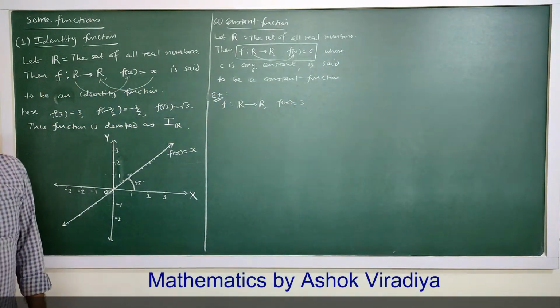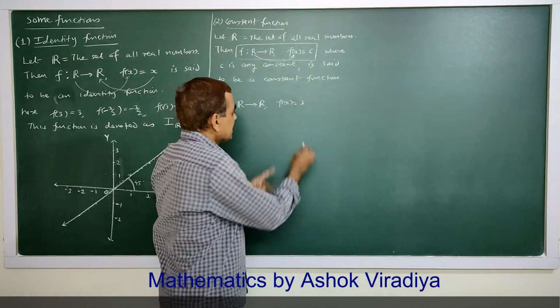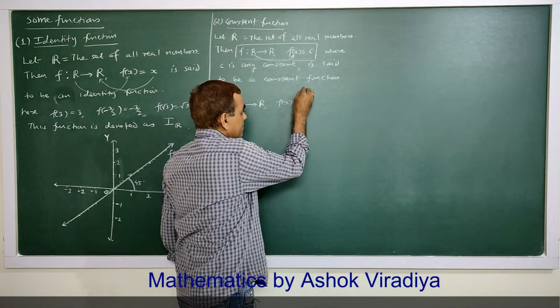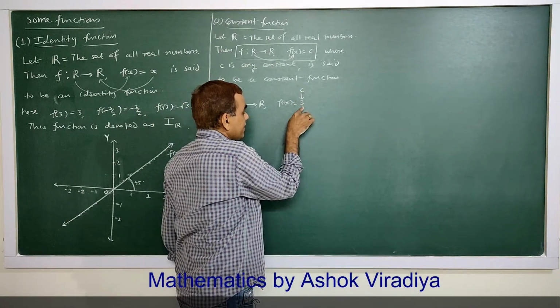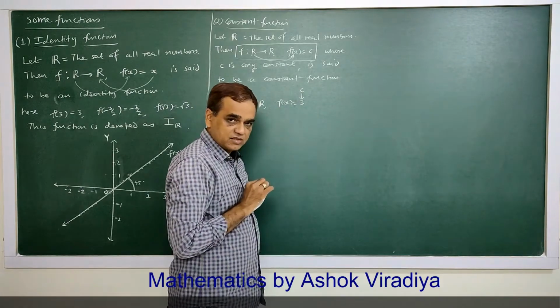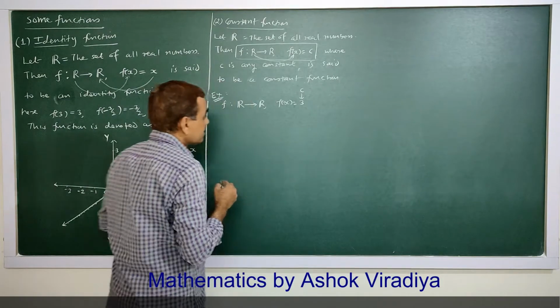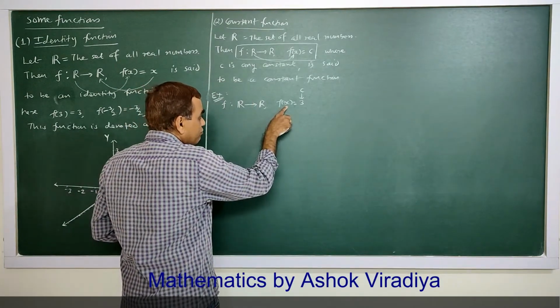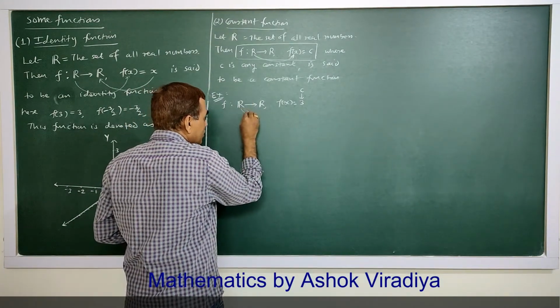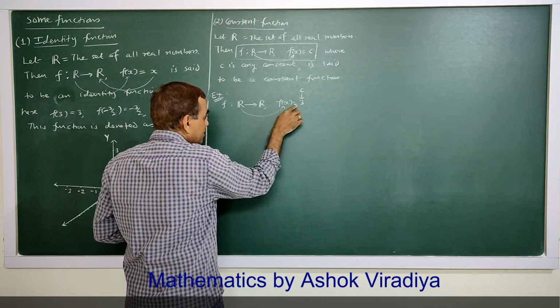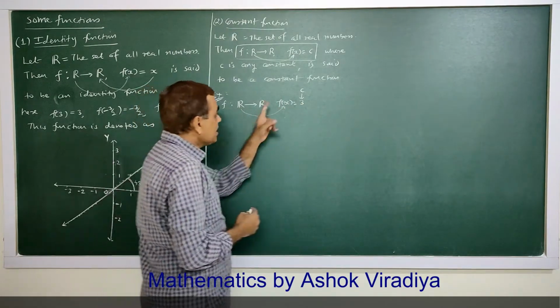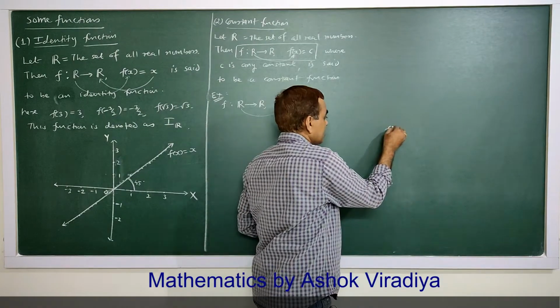So this is the value of c. Here I have taken c equal to 3. So this is a constant. It means the image of any real belonging to R is fixed. The image of 1 is 3.